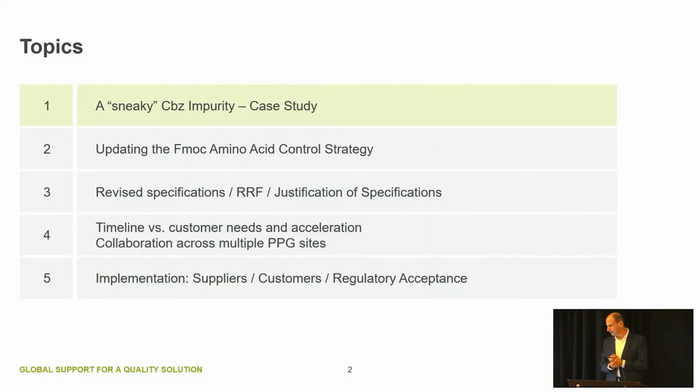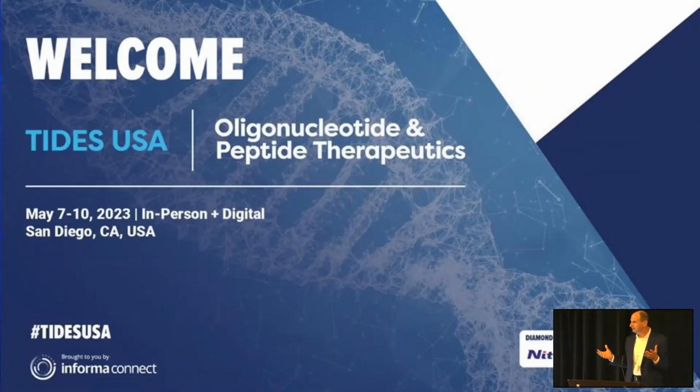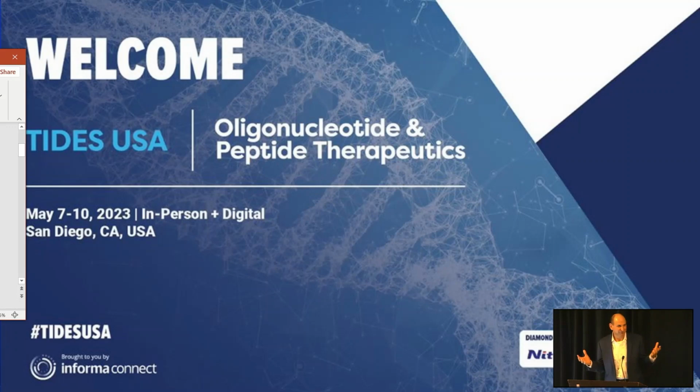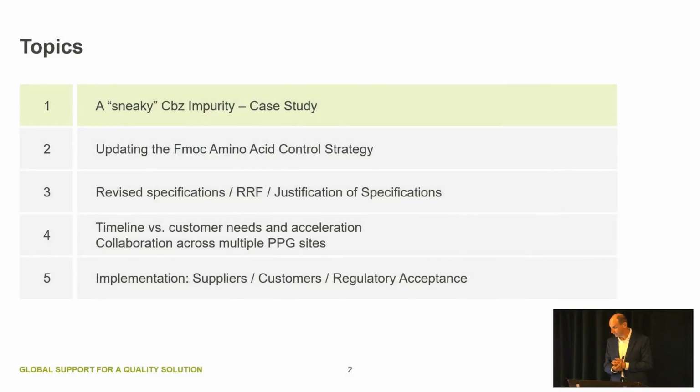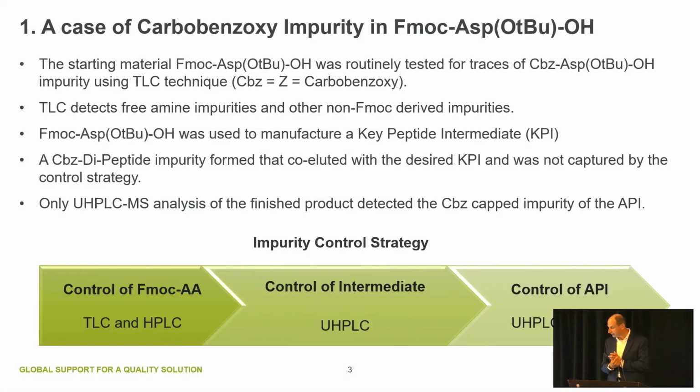And as you know, TLC has been around for more than 100 years, and it's still a very good technique to recognize a lot of trace impurities. So the TLC technique was implemented by the supplier to specifically control this impurity, and it's also able to detect free amines at a very low level, so it's still a very useful technique.